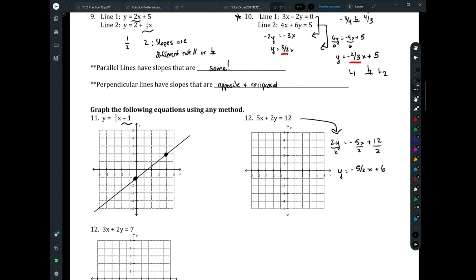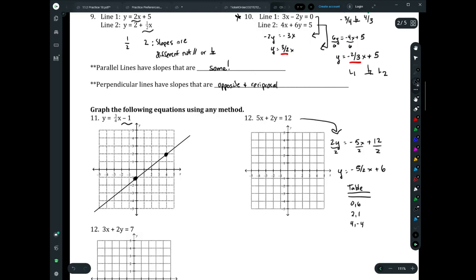So here is what the graph looks like. But you can also go to the table in your calculator, and that is just another way to help you. You might be okay with using 6 as your y-intercept, but here we have the point (0, 6), and we also have the point (2, 1). And if you want to get a third one, you're just looking over in your table to find the points that are nice whole numbers.